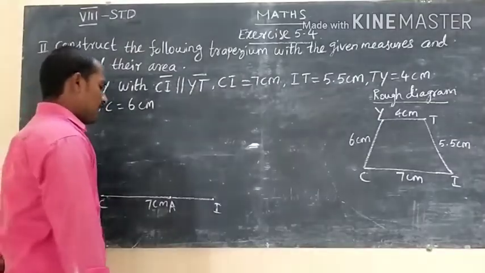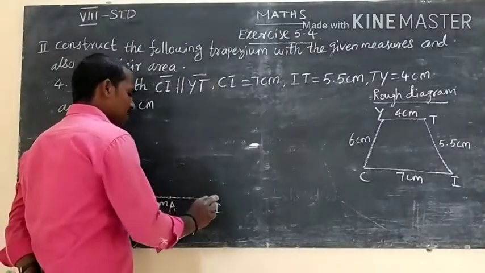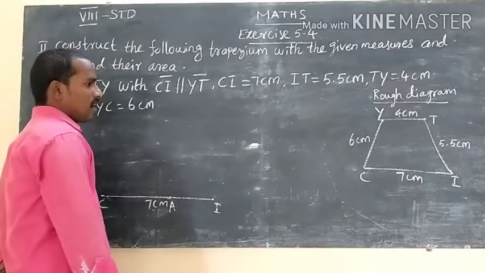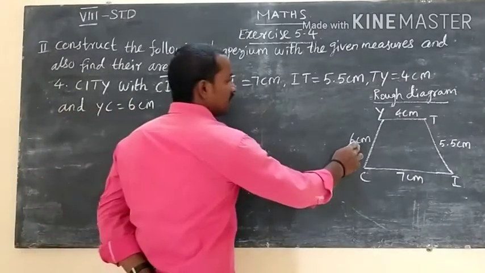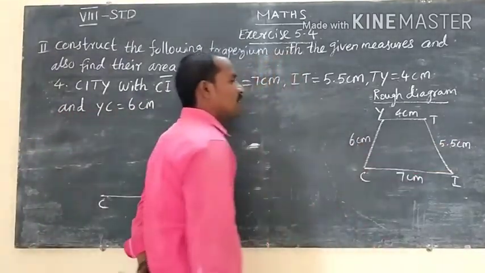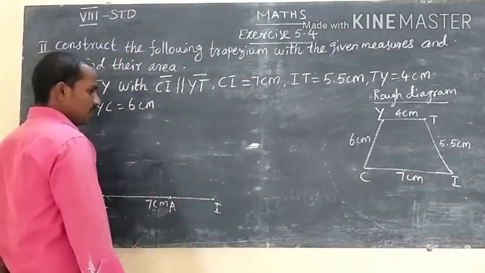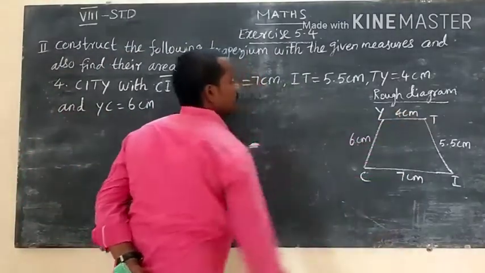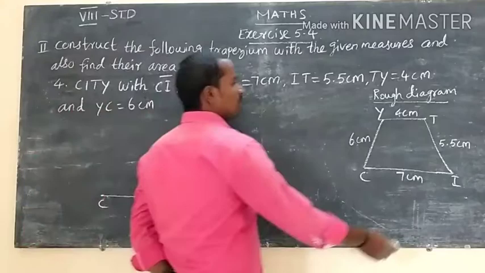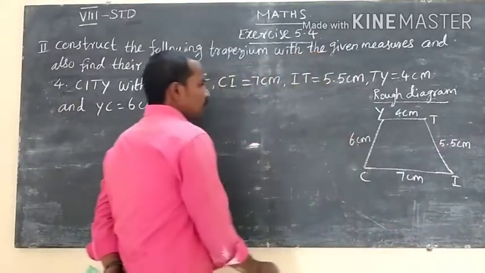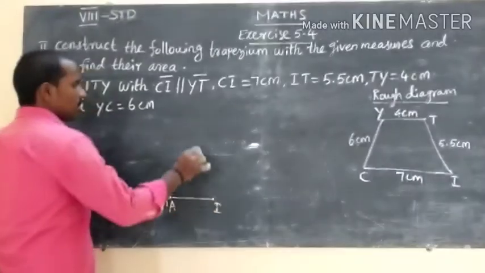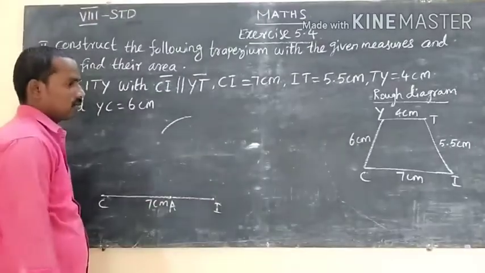Then with A and I as center, draw an arc of radius 6 centimeter and 5.5 centimeter. Let them cut at T. Take your compass and measure 5.5 centimeter. Put the sharp edge at I to construct the arc.